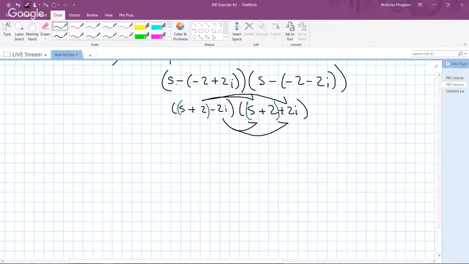And if you FOILed it completely, you'd realize that the middle term would cancel out and you'd be left with S plus 2 squared plus 2 squared.